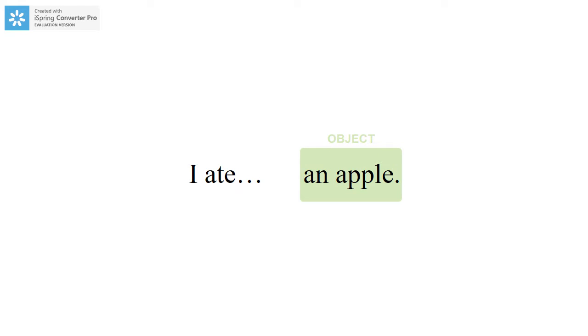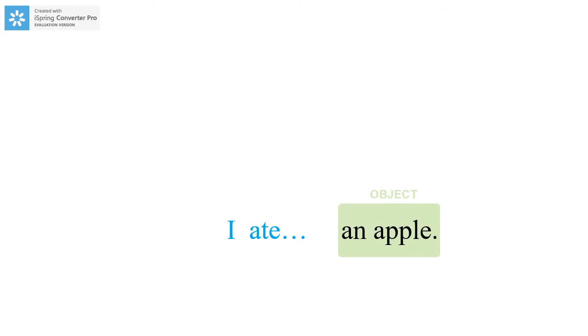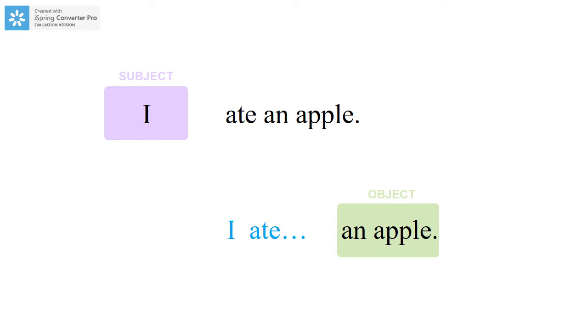If we were to omit the subject, we would get eat an apple, which sounds strange. On the other hand, if we were to omit the object, the sentence would become I ate. Even though in each instance we omitted a piece of information, the reason I ate sounds less strange is because we've yet to break any grammatical rules, and so there's still potential for the sentence fragment to become a complete sentence and to become grammatically correct.